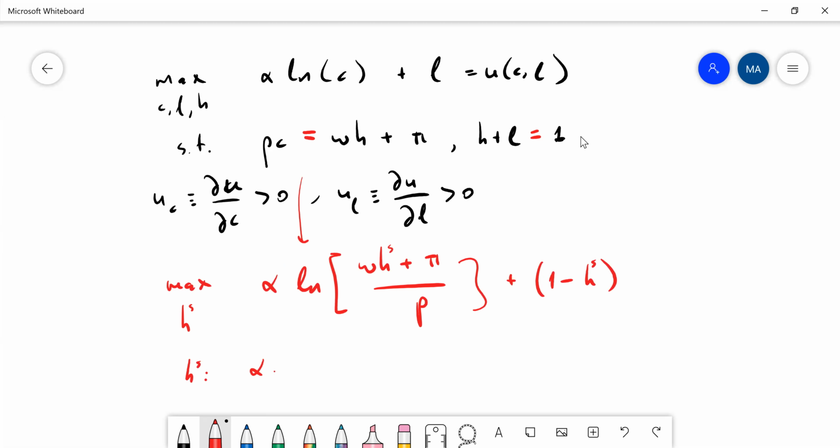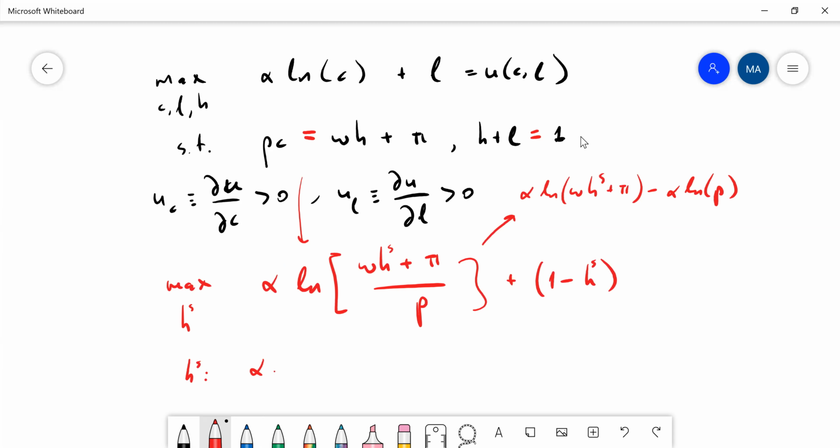So first I have alpha, then the natural logarithm of this function. You may imagine that this has two parts, ln of WHS plus pi, and minus ln P. So forget about the ln P. So write this as alpha times ln of WHS plus pi, minus alpha ln P. So what do you have?